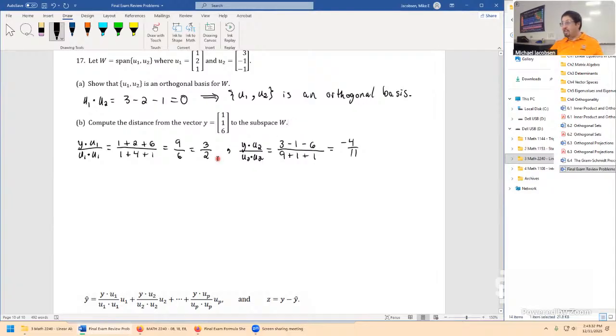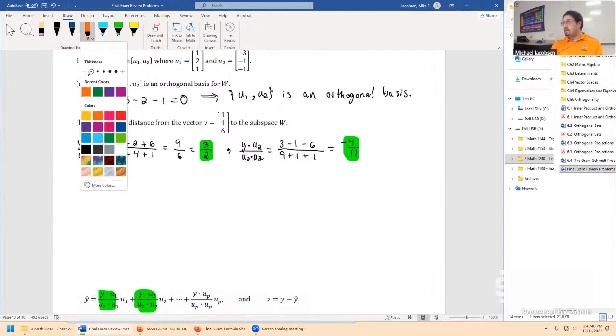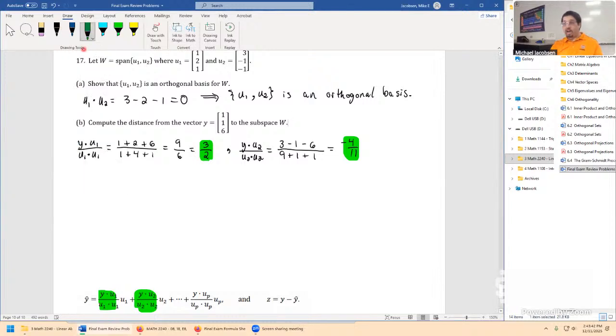With those two scalars found, 3/2, -4/11ths, we're just going to take this stuff, plug it in here and here, and this allows us to compute the vector y hat. So y hat is 3/2 u1 plus, or rather -4/11ths u2. And there's lots of ways to do this kind of arithmetic.